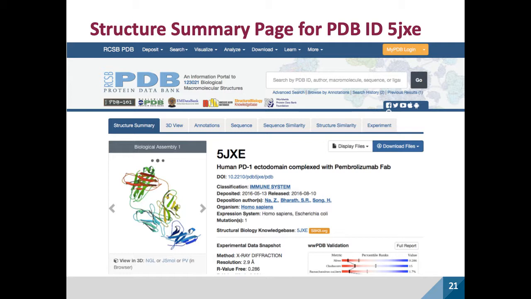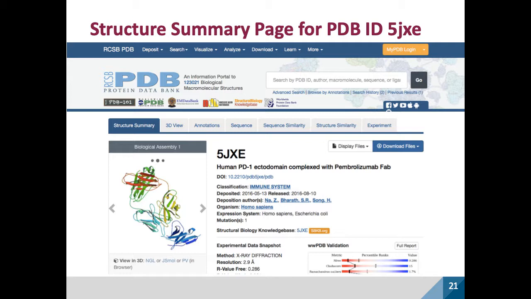So this particular PDB entry, this structure summary page, actually represents essentially an updated version of the original publication. That's frozen in time. It may well be that a biological function is discovered subsequent to the structure coming into the PDB and the structure being published; that information can be found on the annotation tab.